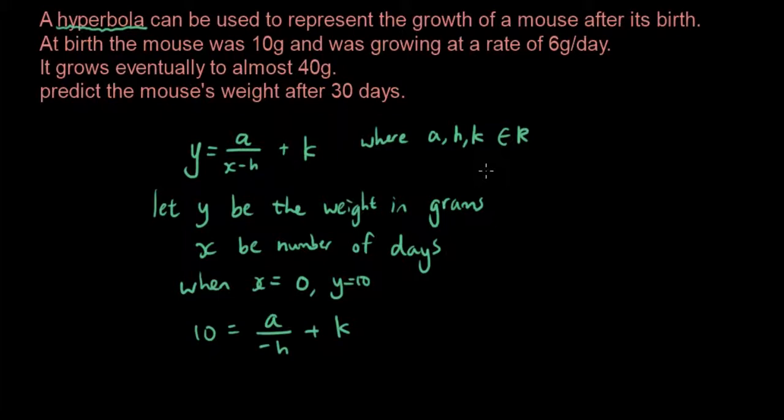So we're going to have to use a little bit of the concept of limits here. And the concept of limits is that as x approaches infinity, right, because it says it grows eventually to almost 40 grams. So that means doesn't matter how many days the mouse lives, the weight of it just gets closer and closer to 40.